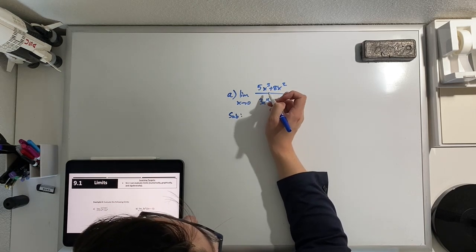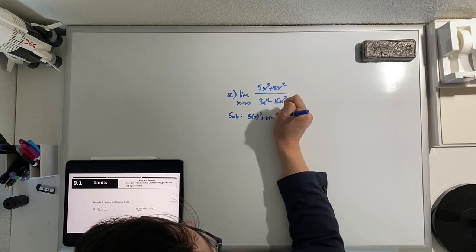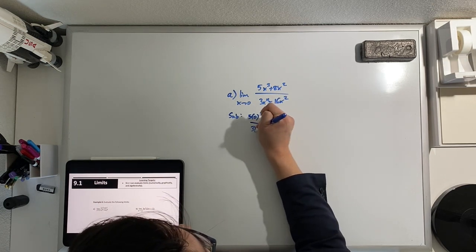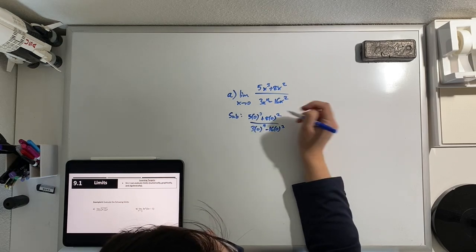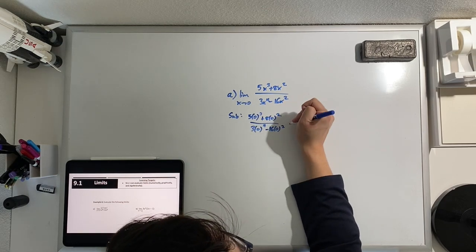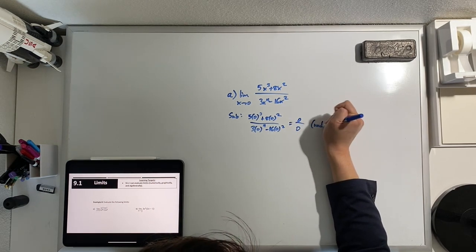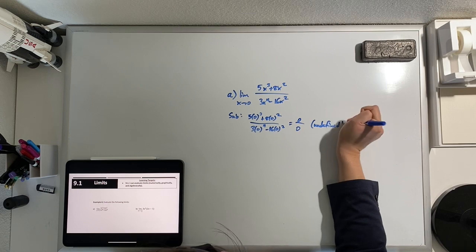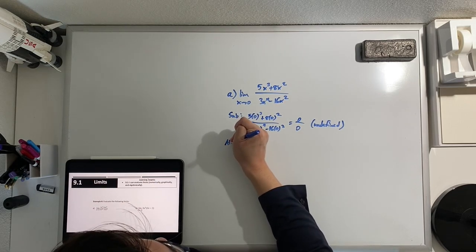Okay, now if we do that, we get 5 times 0 cubed plus 8 times 0 squared all over 3 times 0 to the 4th minus 16 times 0 squared. So 0 plus 0 over 0 minus 0. And this is undefined. That means we can't just substitute in x equals 0. That means we need to try our next method, which is our algebra magic.